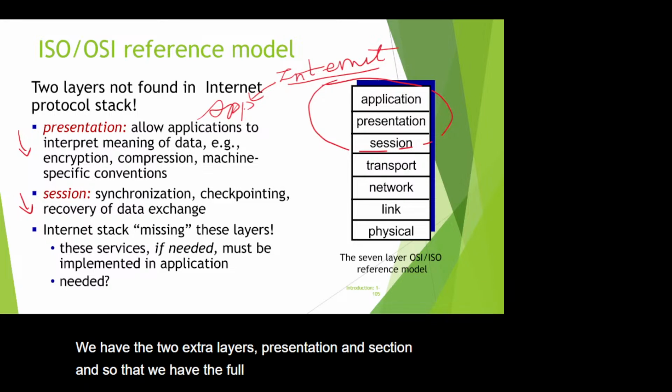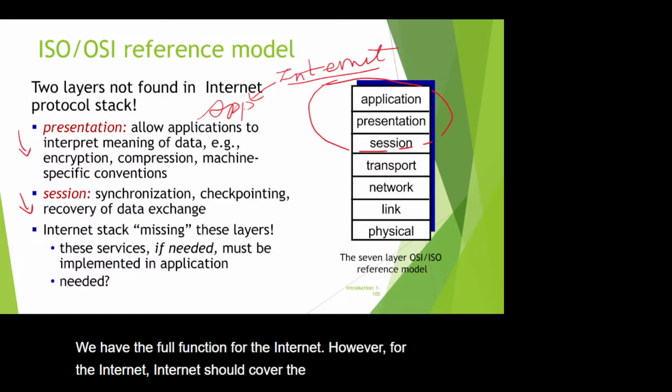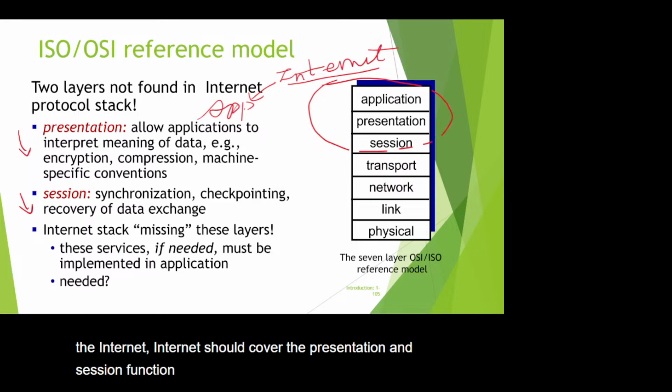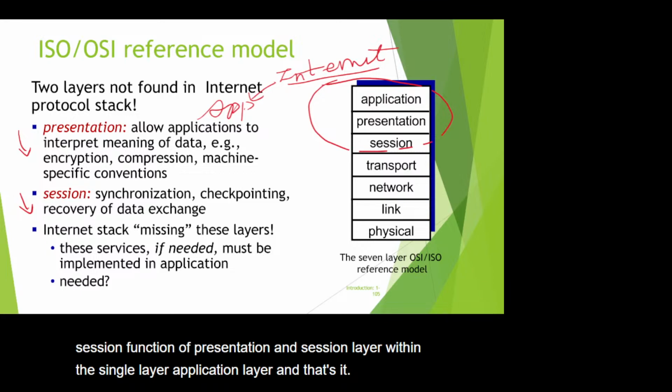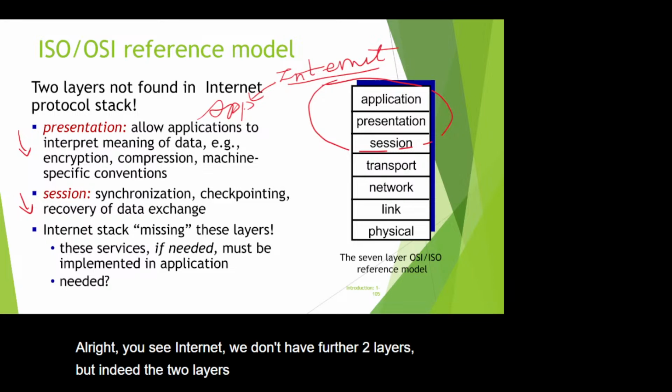Put them together, and we have the full function. However, the internet covers the presentation and session functions within a single layer, the application layer. You see, in the internet we don't have the 2 layers, but indeed the 2 layers are included in the app layer.